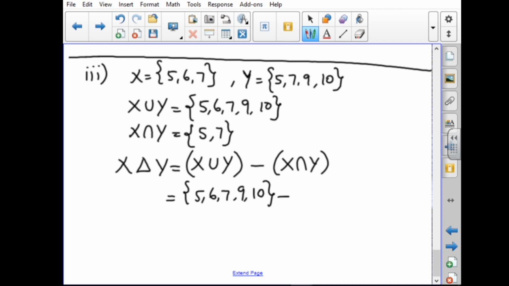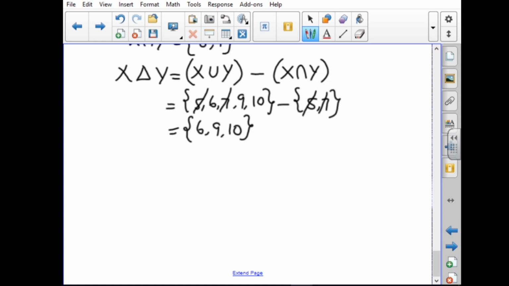Difference X intersection Y is {5, 7}. So 5 and 7 you can strike out here. What are the remaining elements? 6, 9, 10. You can use any one formula as you wish. So your fifth question is over.